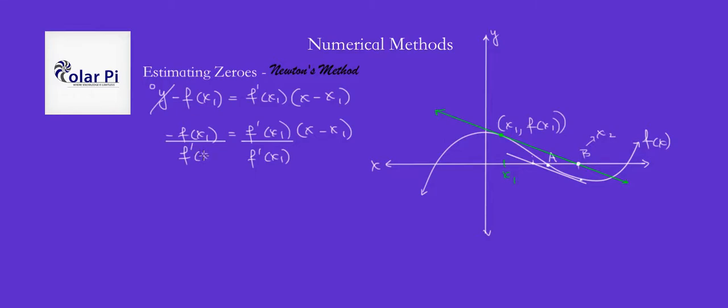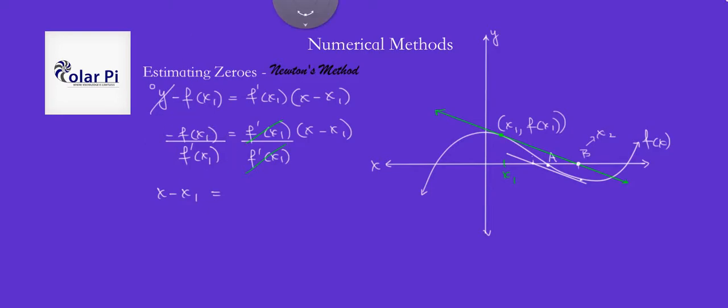F prime of x1, it's easy to mix it up. Okay, cool. And of course, what that'll let us do is get rid of this and this. So now we see that x minus x1 is going to equal that right there.